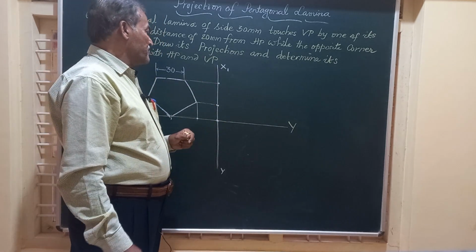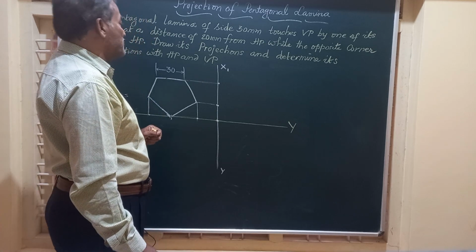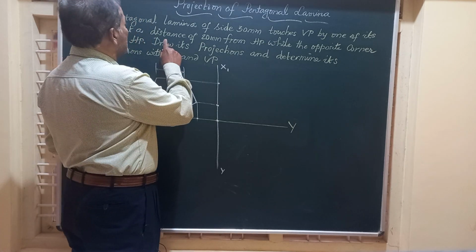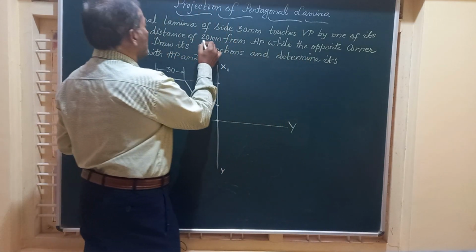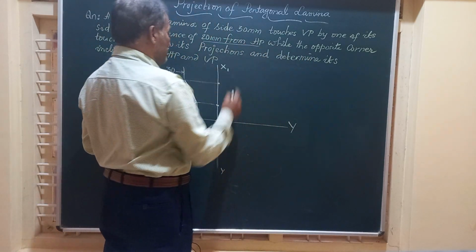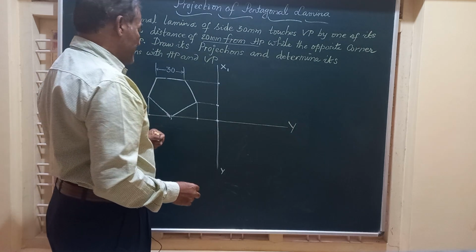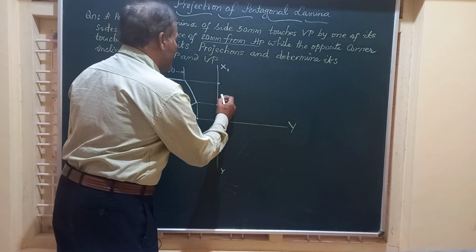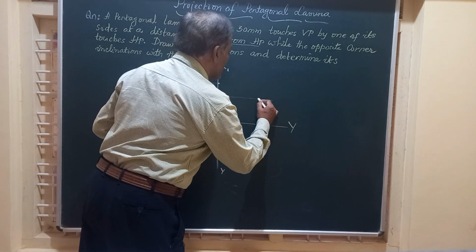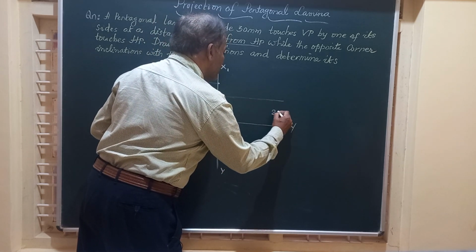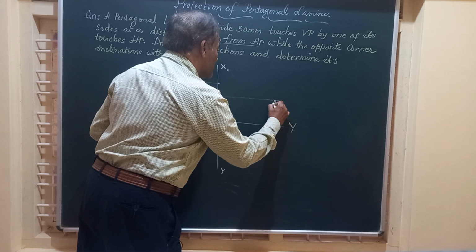Now he says in the question that the side which is touching VP is at a distance of 20 millimeter from HP. Friends, I am going to draw a horizontal line parallel to XY at a distance of 20 millimeter above it.